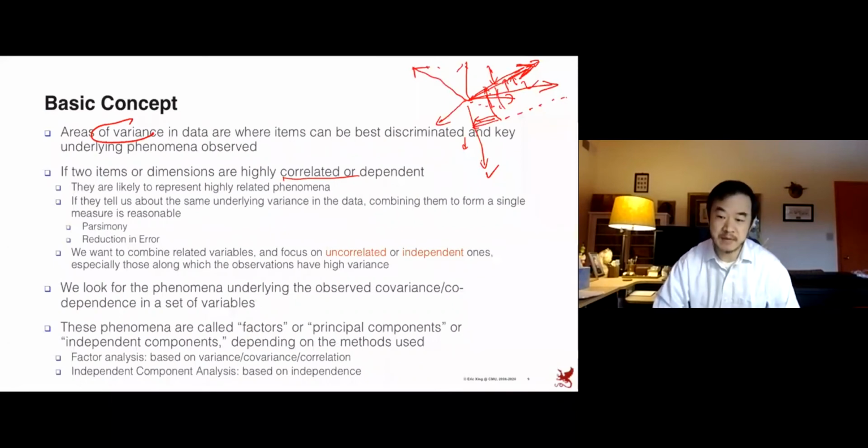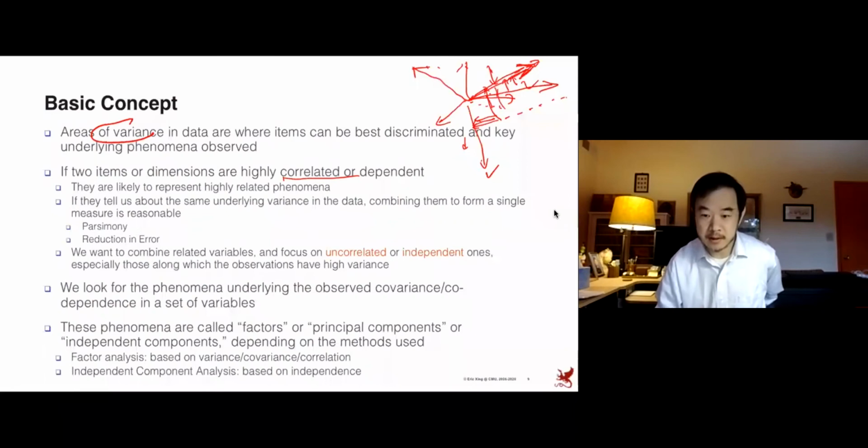Which one is intuitively more interesting? Someone want to type an answer or shout out the answer? I don't see an answer, but I guess you can appreciate it. Yes, okay, I got one reply.